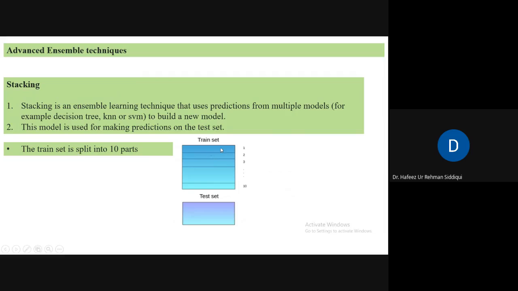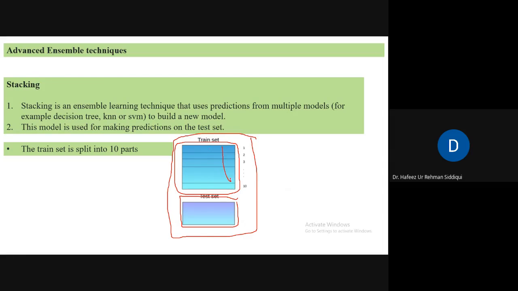For example, you have a training set. This is the training set, and this is the test set. As a whole, this is your data. So you separate your test set as usual, and you make subsets of your training set. Here I have 10 subsets of my training set.